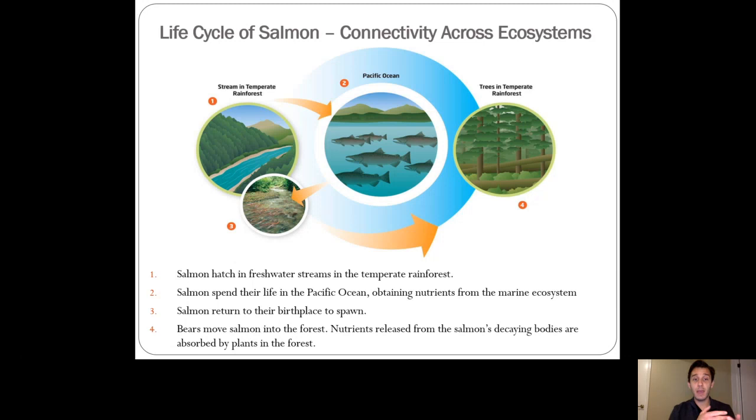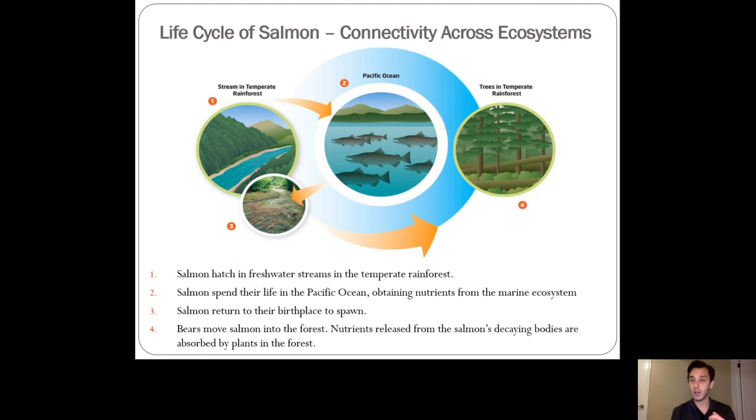And then what they do is they make their way down the river with the current, okay, towards the Pacific Ocean. They live from the marine ecosystem, eating, consuming, obtaining nutrients. Then this is when they swim upriver. So they return to the place that they were born in order to spawn the next generation, okay?